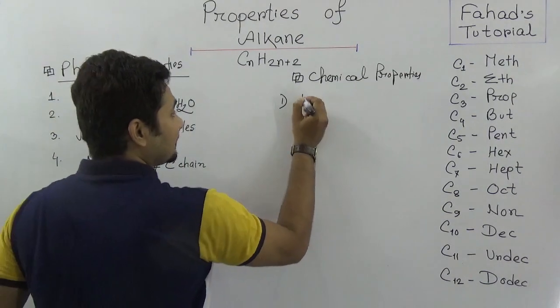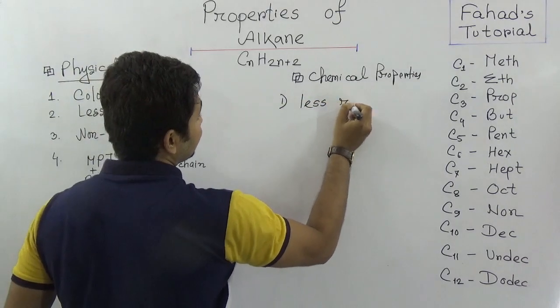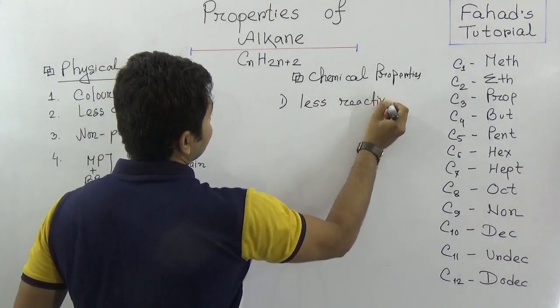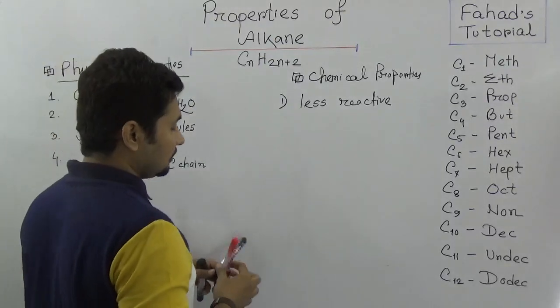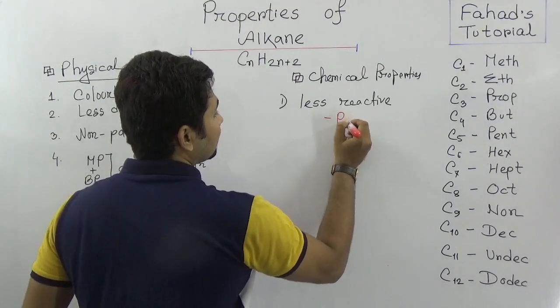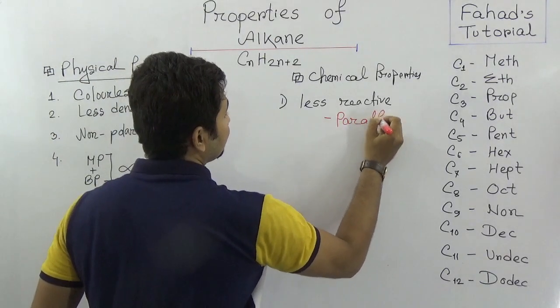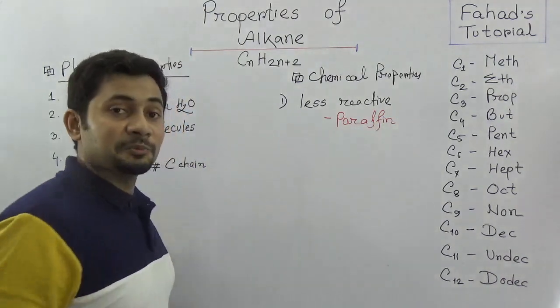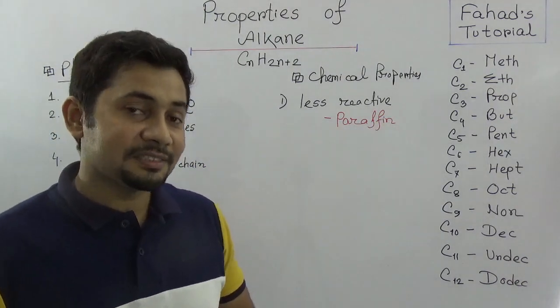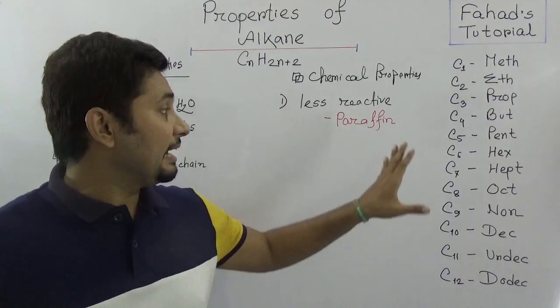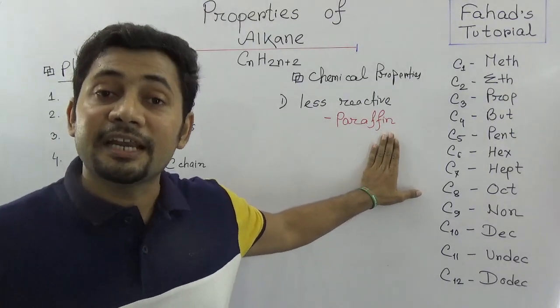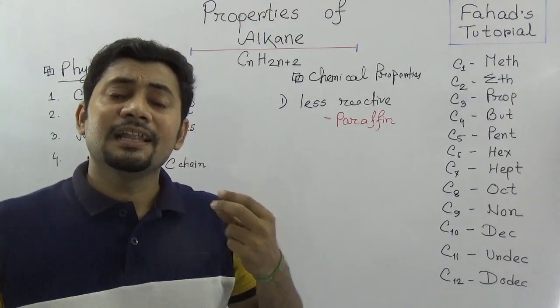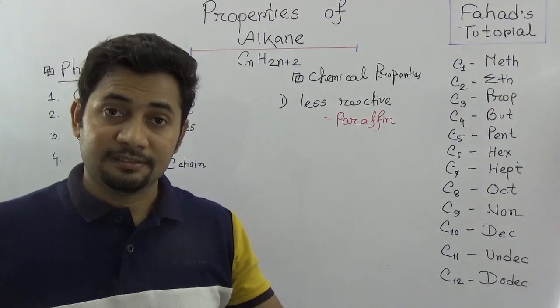So we can say this is less reactive, and that is why it's called paraffin. In my earlier video I explained what is called paraffin. Para means less, affin means attraction, so it has less attraction to each other.